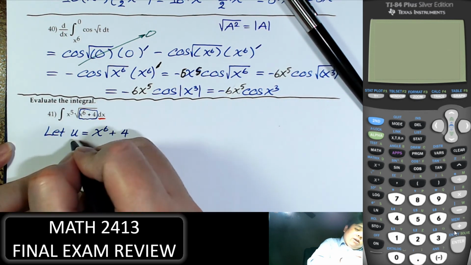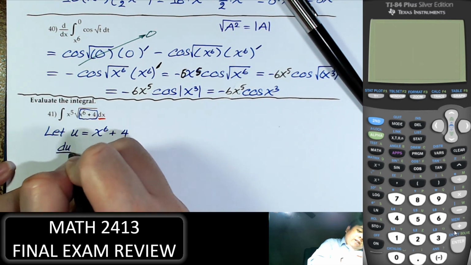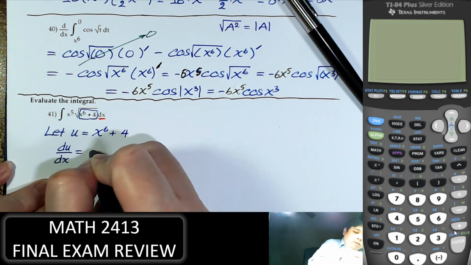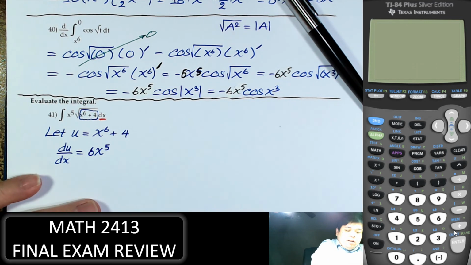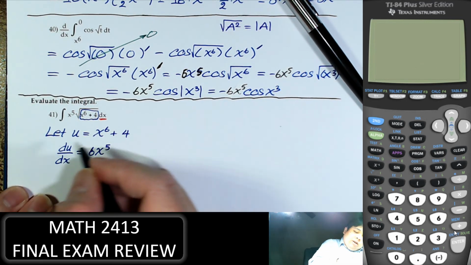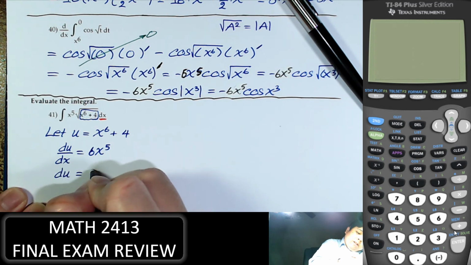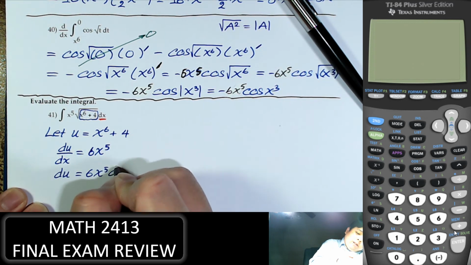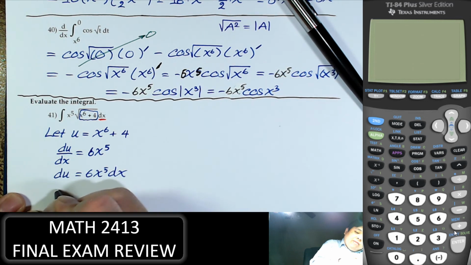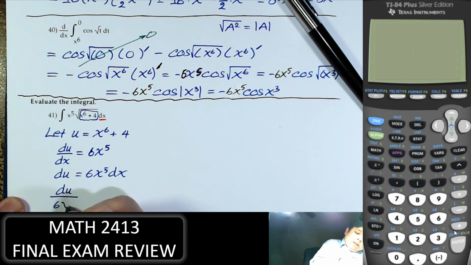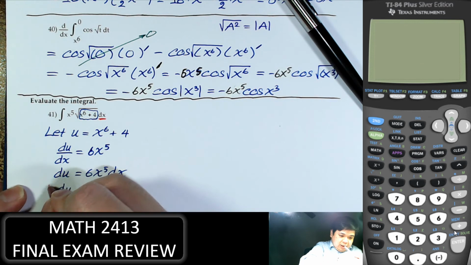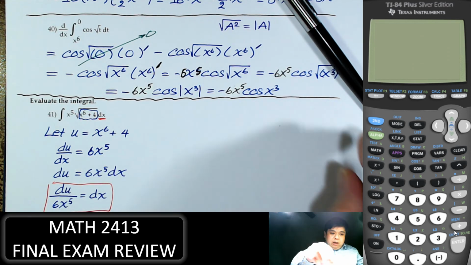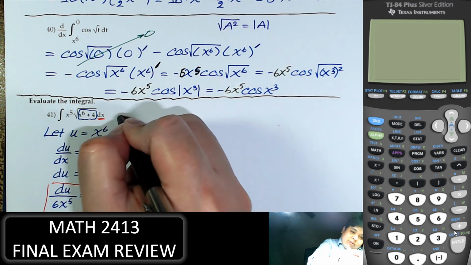To get to the dx, we just take derivative. 6x to the fifth, multiply the dx on the other side, and then divide by 6x to the fifth. That gives us dx. Right, now let's continue the problem.